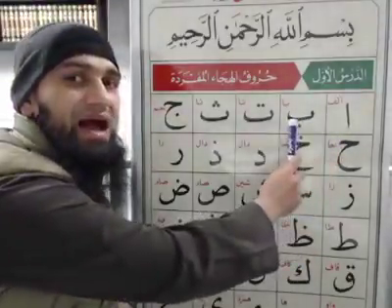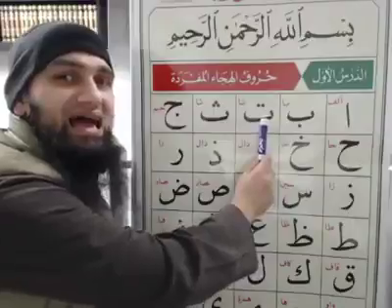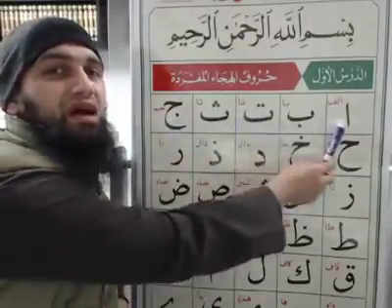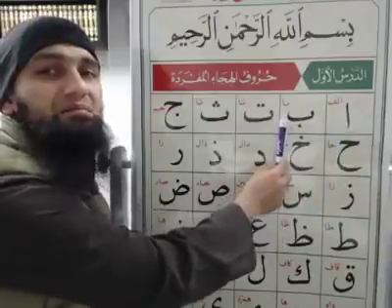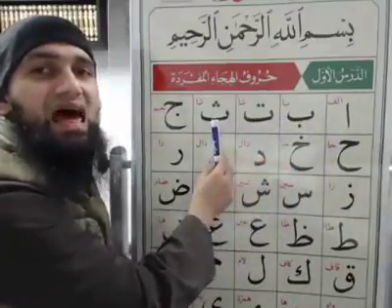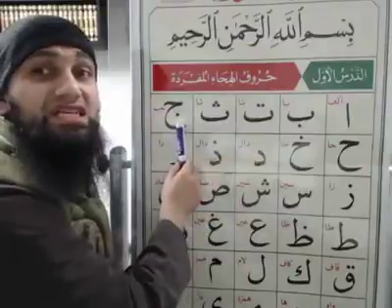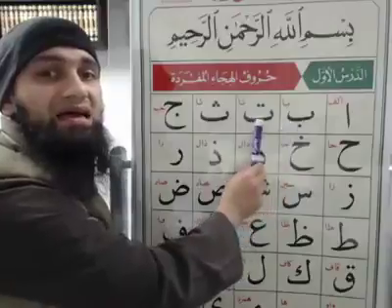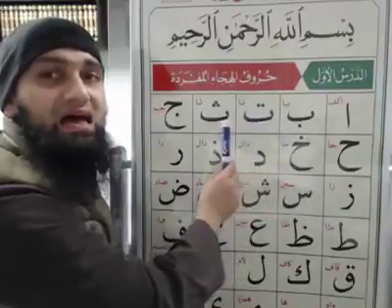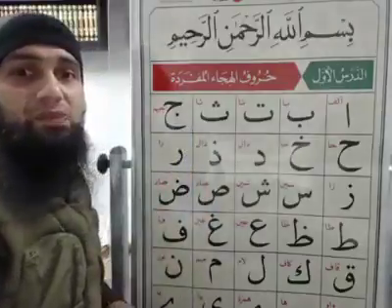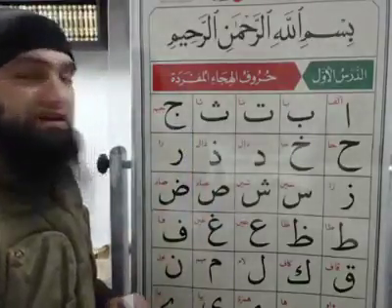Alif, ba, ta, fa, jim. Alif, ba, ta, fa, jim. Alif, ba, ta, fa, jim. Okay, we got 5 letters down.